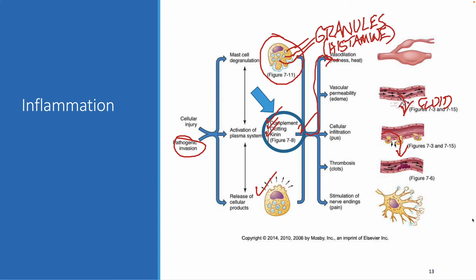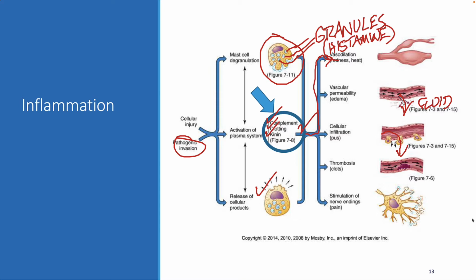And the body has to sort of contain that infection. And so it uses clotting as one of the mechanisms, not just intravascularly, but also in the tissue area, to sort of arrest the loss of fluid and keep all of that stuff together, like the infection itself.